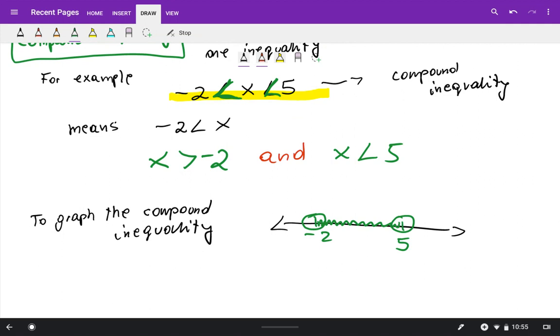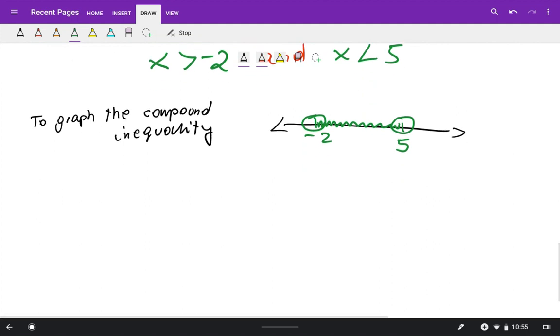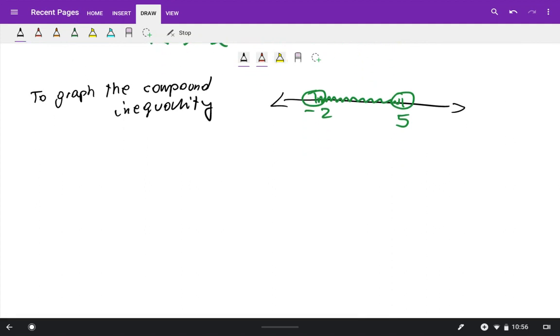Okay, next. I'm going to give you a lot of details in the sections. Next, I'm going to teach you how to write an inequality using inequality symbols, how to graph it, how to write the inequality using interval notation, and set builder notation.